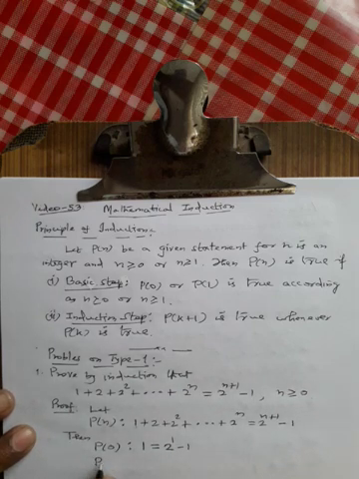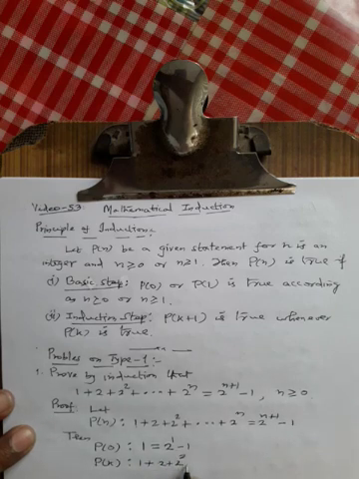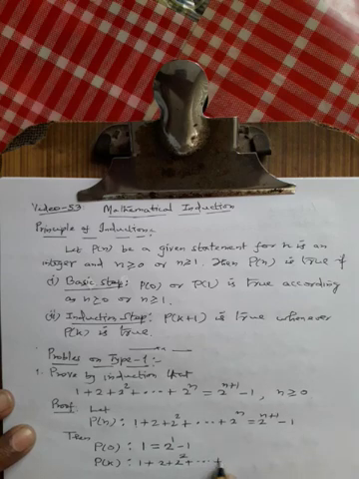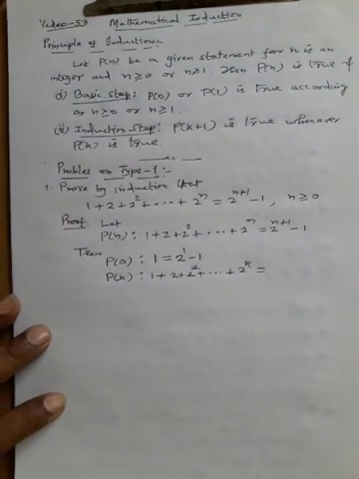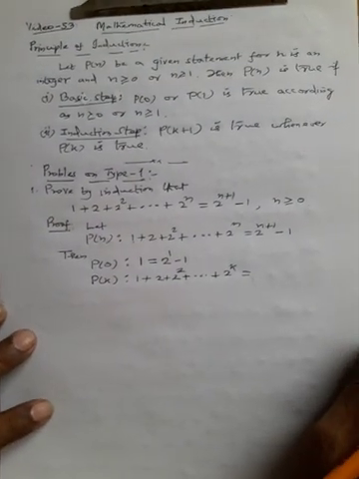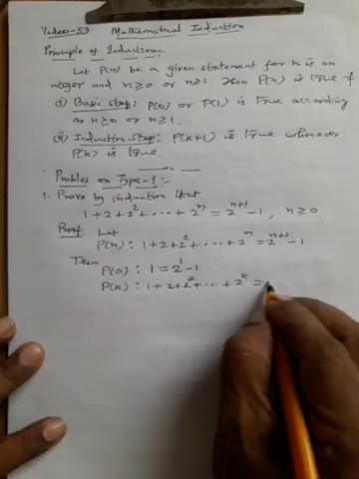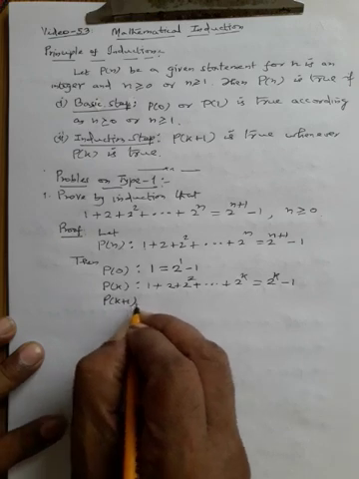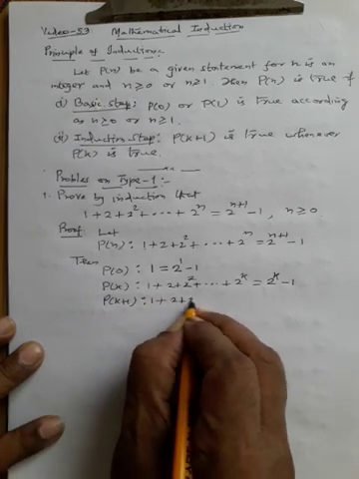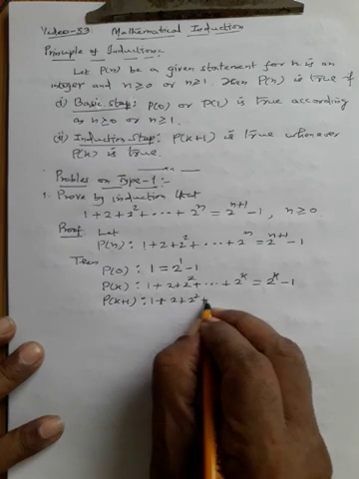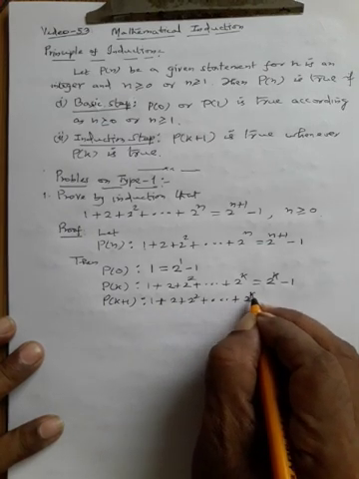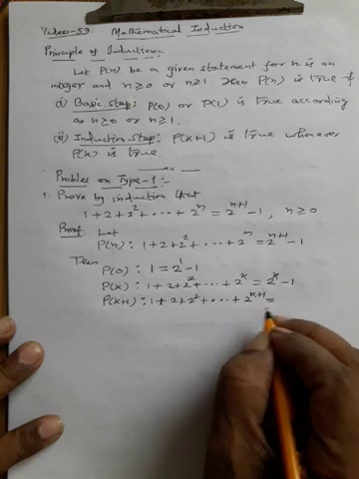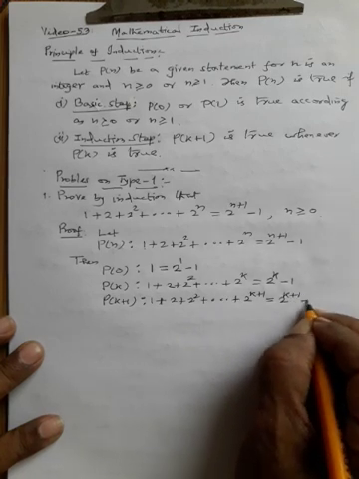P of k means 1 plus 2 plus 2 squared plus etc. plus 2 power k, n replaced with k, equal to 2 power k plus 1 minus 1. And P of k plus 1 is 1 plus 2 plus 2 squared plus etc. ending with 2 power k plus 1, and the right hand side is 2 power k plus 2 minus 1.